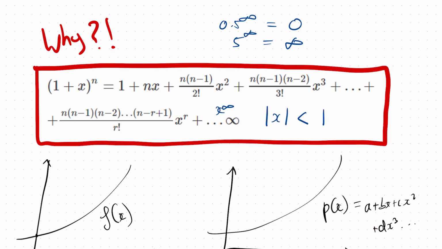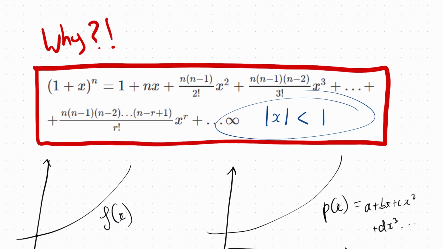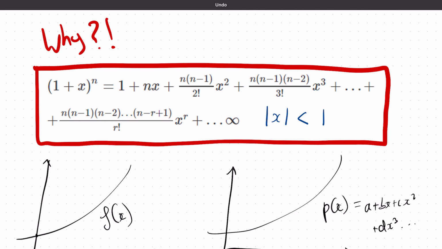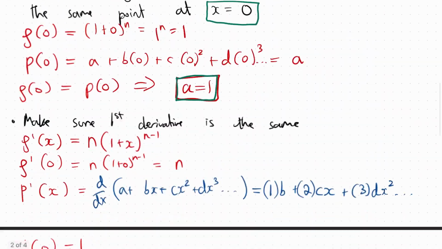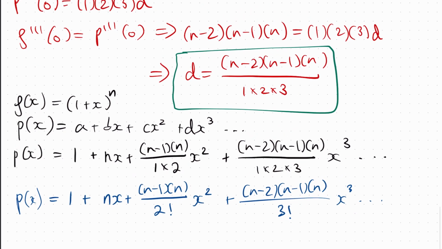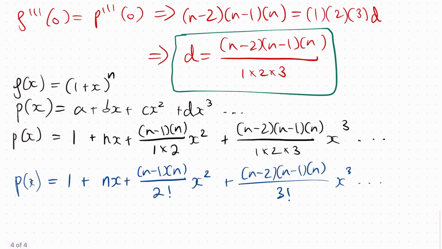So when you take it to infinity, it's going to go to 0. And that's why we need to make sure this is less than 1 to ensure it converges on a fixed value rather than diverging and giving us infinity. So that's why it always comes with this condition that the modulus of x has to be less than 1. But now that we've proved that, I hope it's pretty clear why this works.